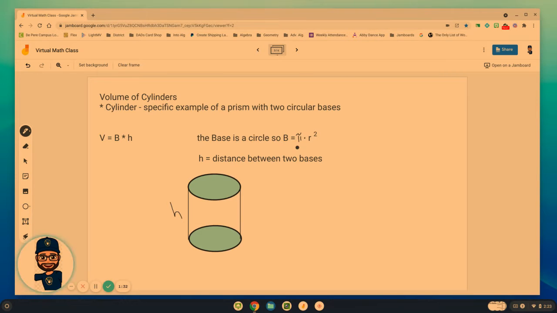We know it's always going to be a circle. And then H is still the distance between your two bases. So you may occasionally see volume for a cylinder written as pi times r squared times H, because we know that capital B, the area of the base, has to be pi r squared.